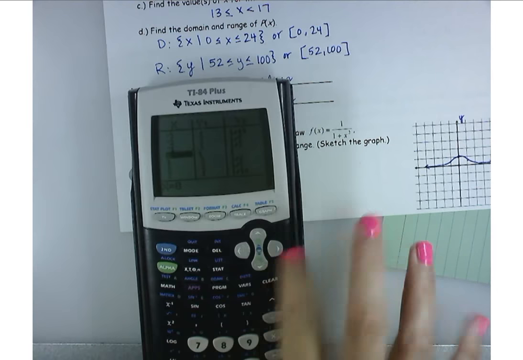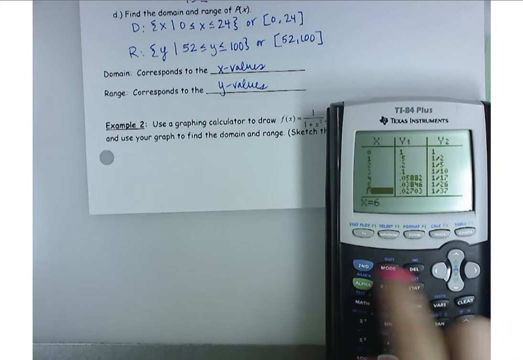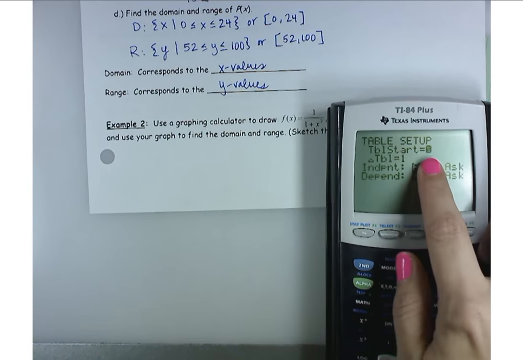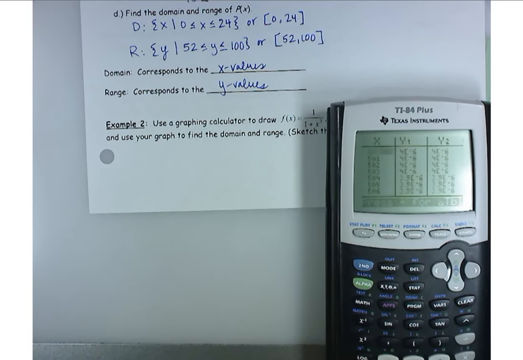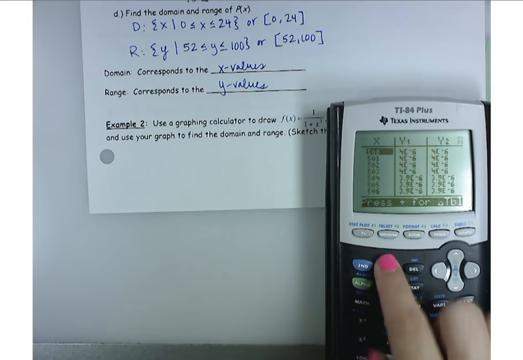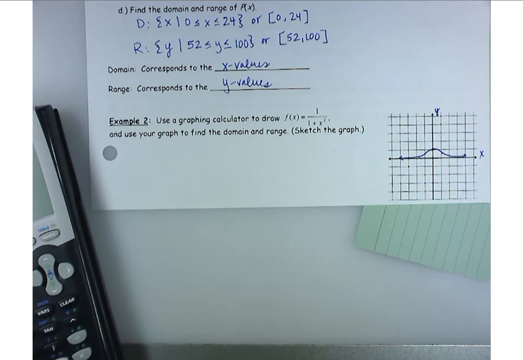So if we kept going on our graph, do you know how to change your table to where it starts? If you go to second table set, it says table start. Let's say I wanted to see what happened when x is 500. At 500, am I at 0 yet? No. So I am getting really, really close to it, but it's not going to touch 0. So that's going to affect one of the things we are trying to find.